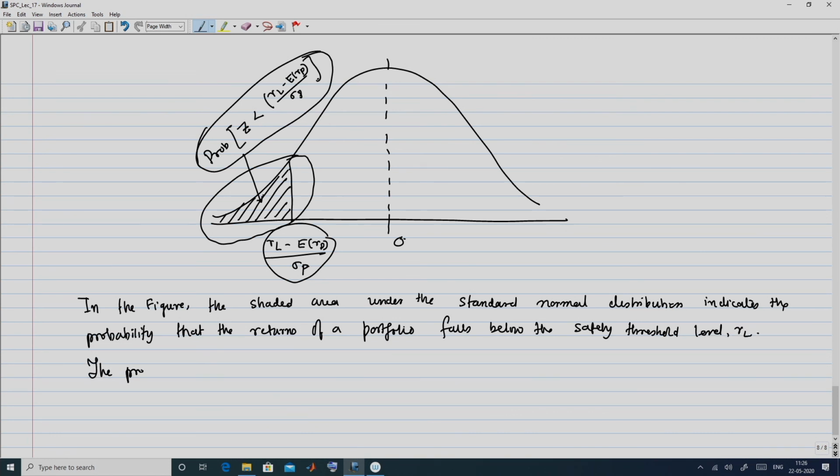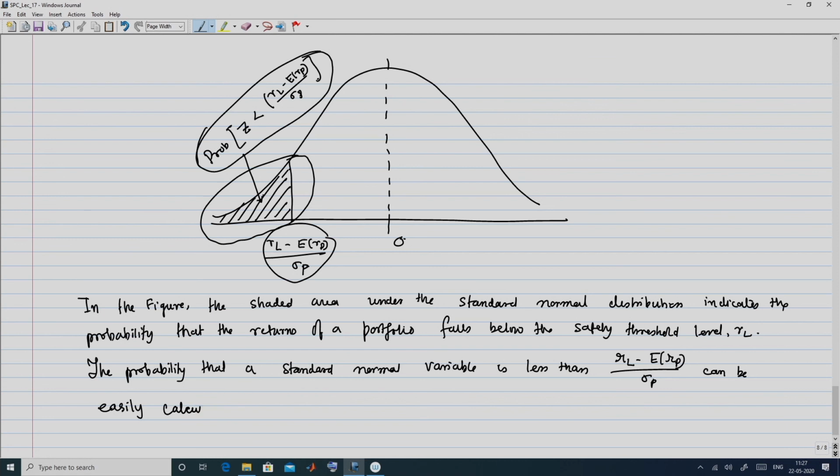So, the probability that a standard normal variable is less than (R_L minus E[R_p]) over sigma_p can be easily calculated from the N(0,1) distribution table.